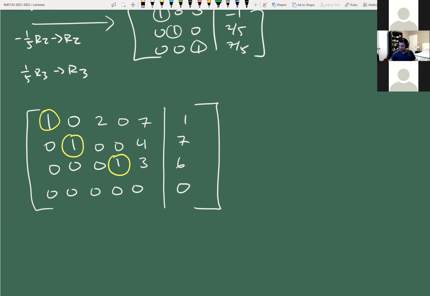So this is still in a step pattern. And unfortunately, you can't guarantee that they will occur in sequential columns. It is very possible, like in this case, that the leading ones occur in the 1st, 2nd, and 4th column. And this is actually important. We have to keep track of which columns the leading ones occur in. Okay?